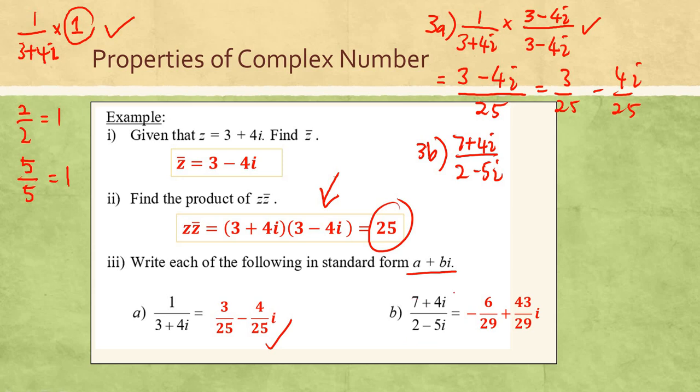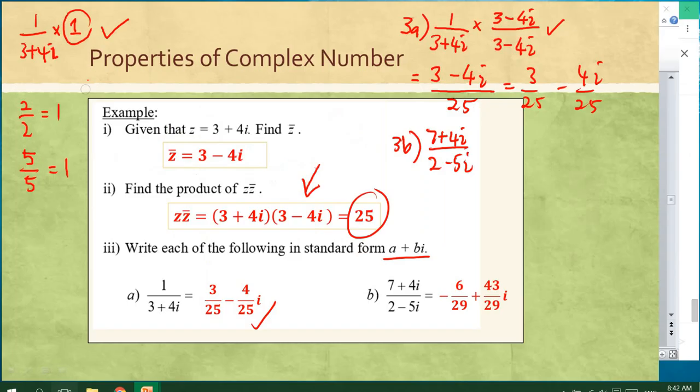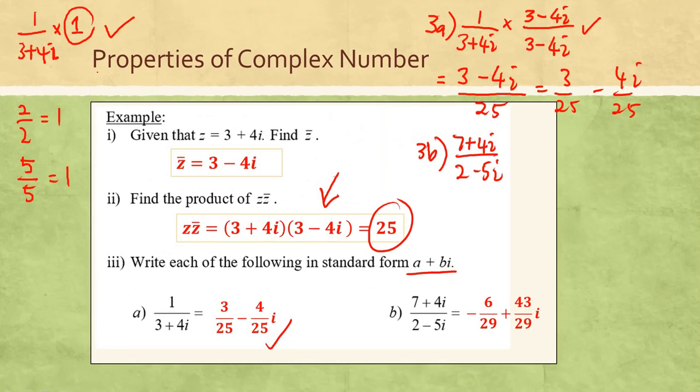On top is okay, but at the bottom part is 2 minus 5i. You want to rationalize this, we only take into account the denominator. So denominator is 2 minus 5i. Again, we use this concept.